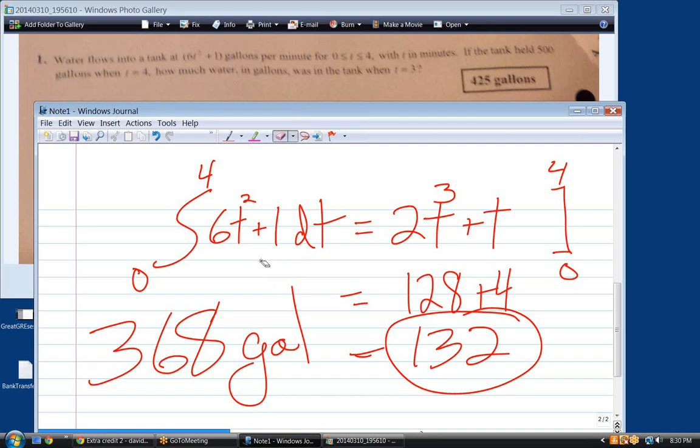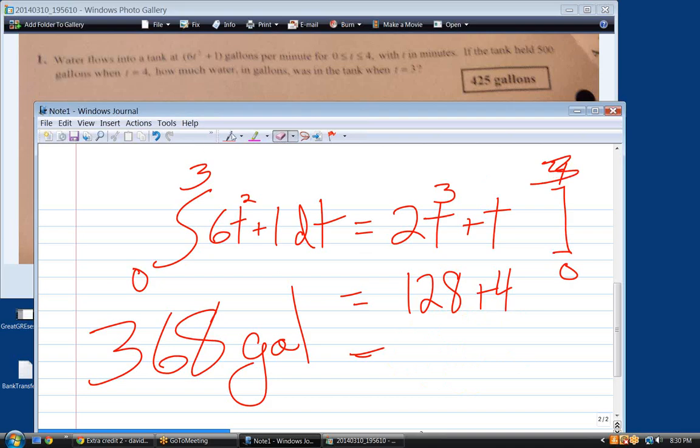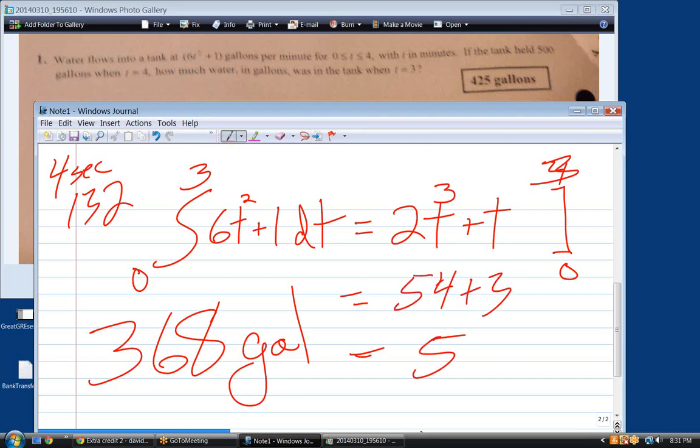Yeah, because now, if we know it started with 368, then let's just integrate this from 0 to 3. That's the amount that flowed in at the end of 3 seconds. We got 2 times 27, 54 plus 3. So 57 gallons flowed in the first 3 seconds.